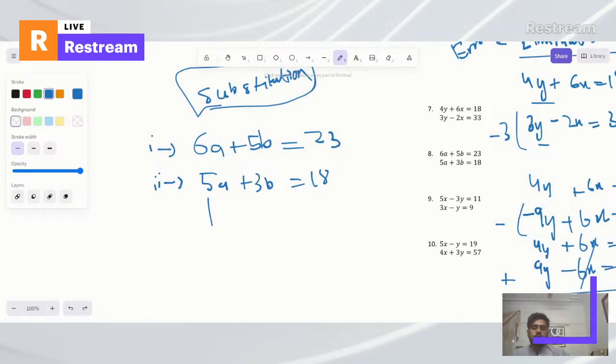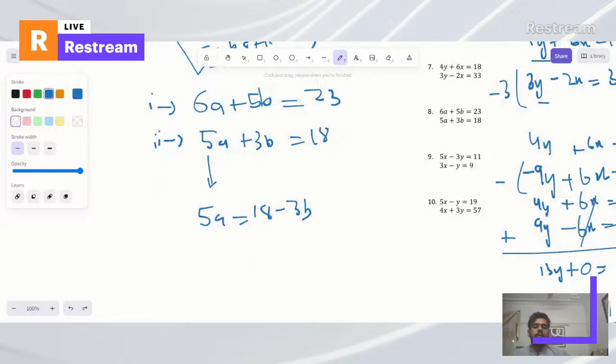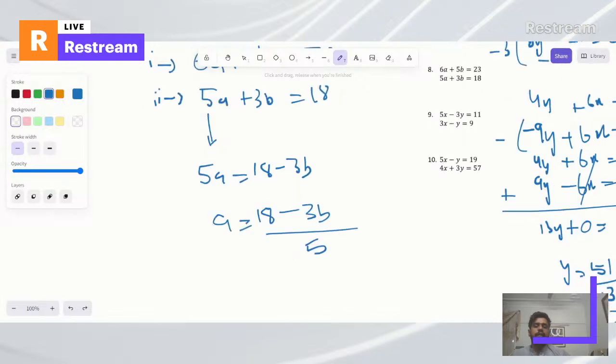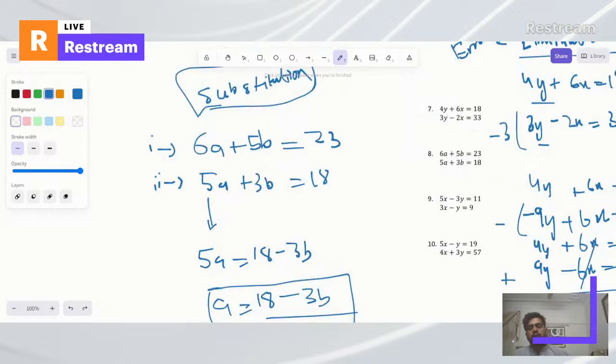So let's choose equation number 2 and make a our subject. So 5a equals 18 minus 3b. Now 5 goes into the denominator, so a becomes 18 minus 3b over 5. And now I'm going to substitute this back into equation number 1.